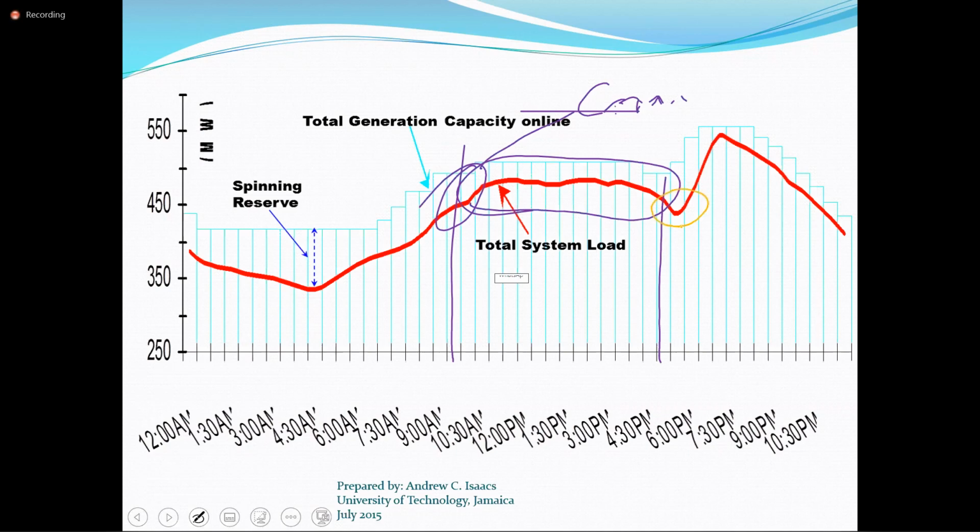However, at 7 o'clock, we start to see the increase again, and there are a couple of things that result in that increase. One, street lights begin to come on. So this is 6:30, the place getting dark, street lights coming on.